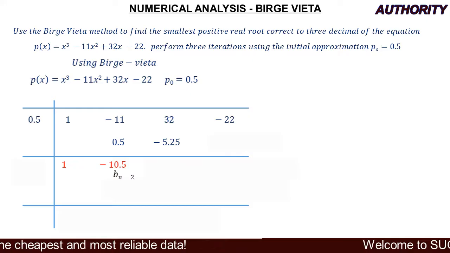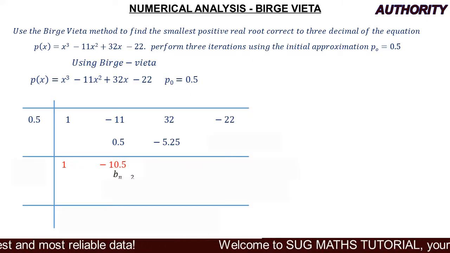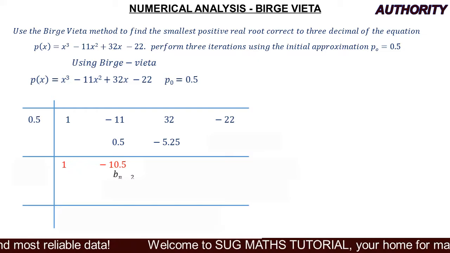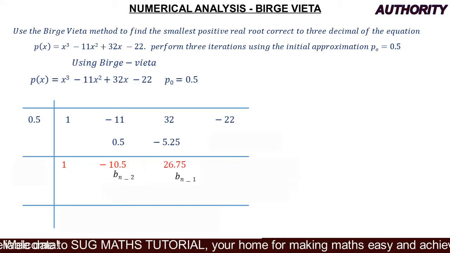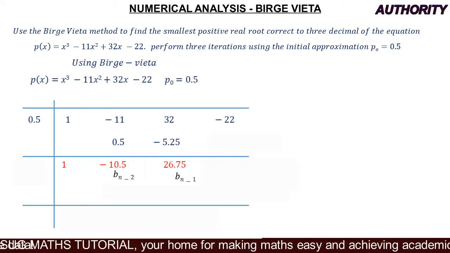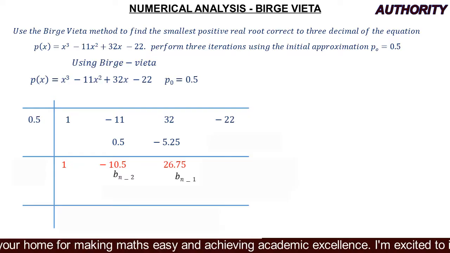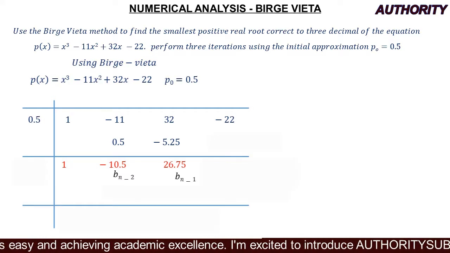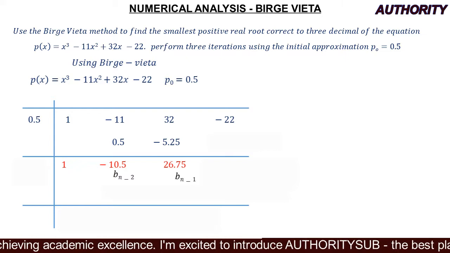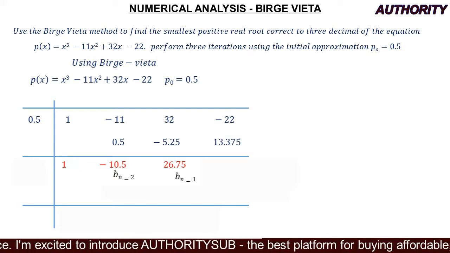Now we add it together. So 32 minus 5.25 is going to give us 26.75. Now this 26.75 multiplied by the p naught, which is 0.5, is going to give us 13.375.